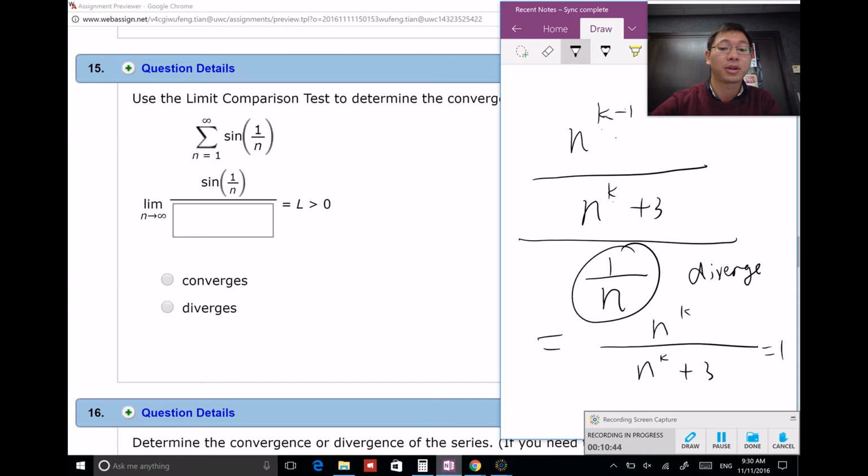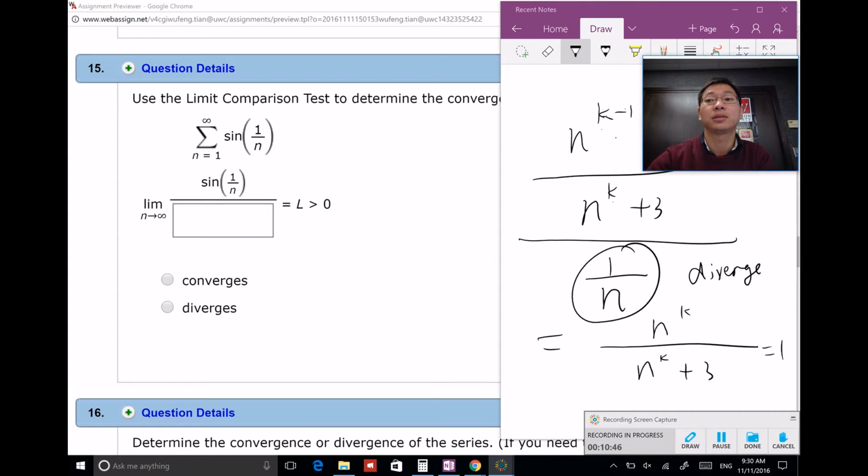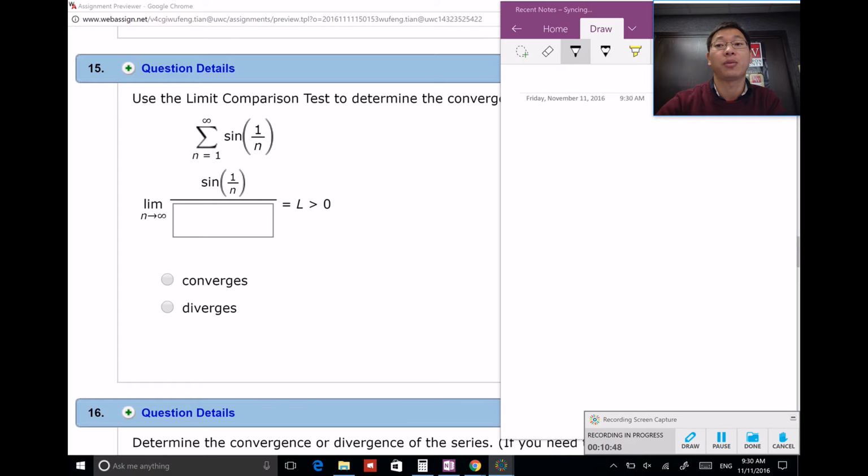Okay, so I'm going to call another student. Does anyone have any idea which one I compare it with? What do you think I compared it with? 1 over n. Very good. So compare with 1 over n. And then what do you get here?